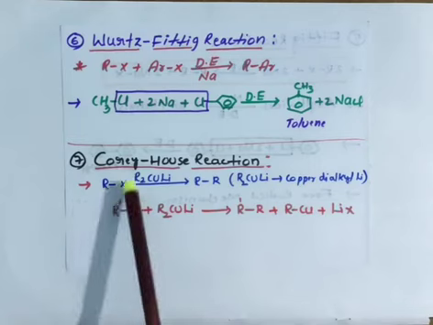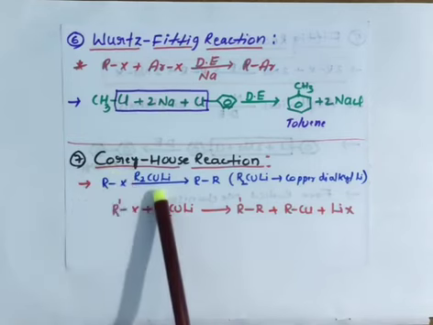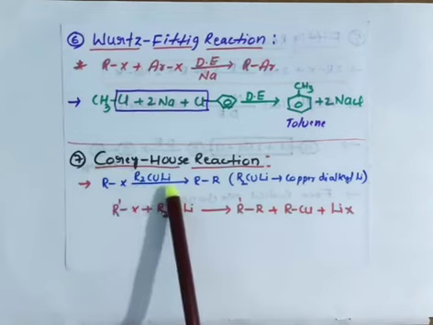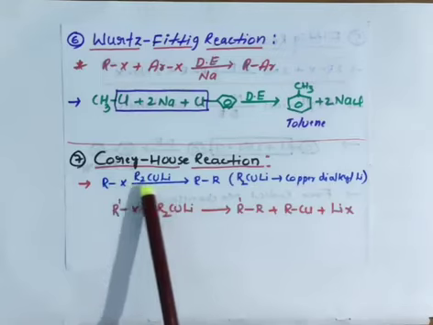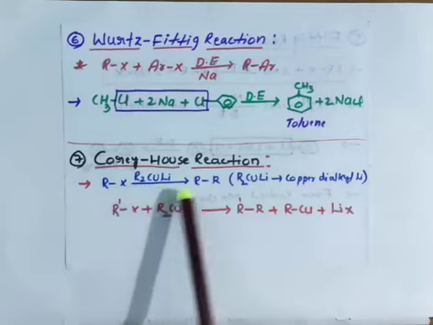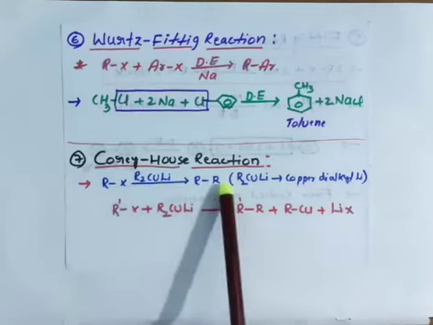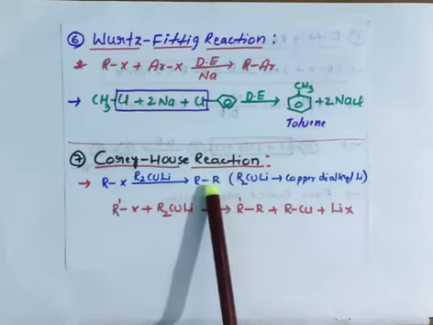And here again alkyl halides are treated with copper dialkyl lithium. This is copper metal, this is lithium, this is dialkyl. So with copper dialkyl lithium, you are getting alkanes. R-R is nothing but alkane. Clear?